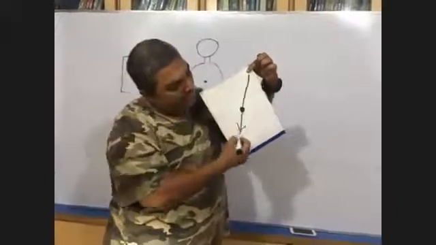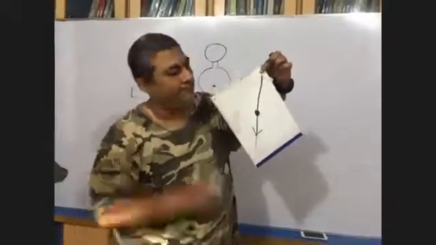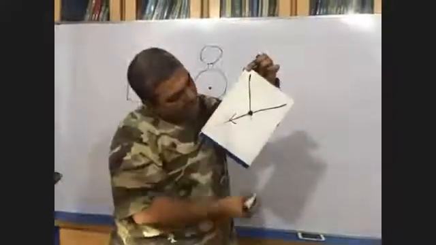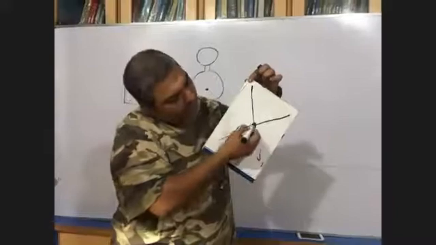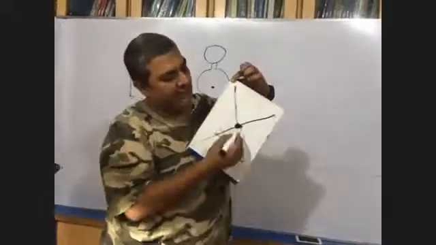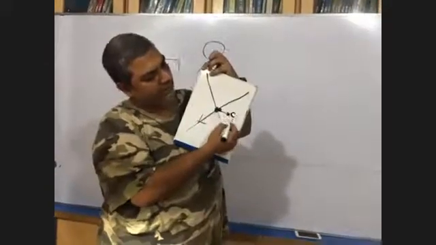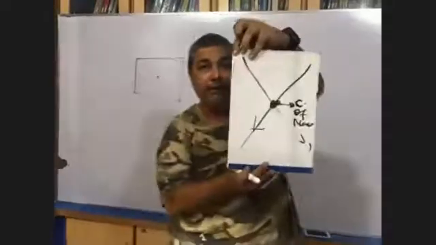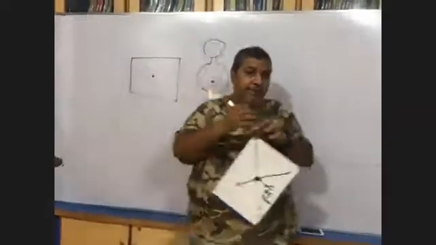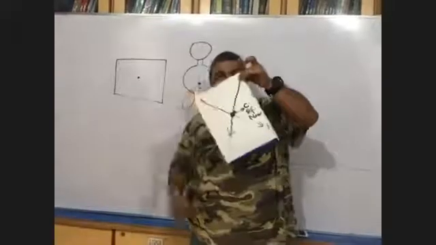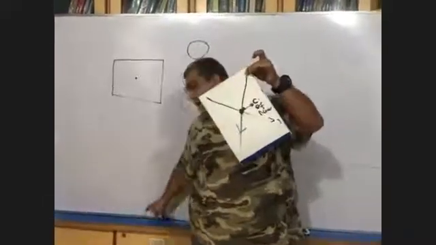The line is called the center of gravity. Then I take it here. Yes, center of gravity. The point where they intersect is called the center of mass. So we understand the lines where they intersect is the center of mass.